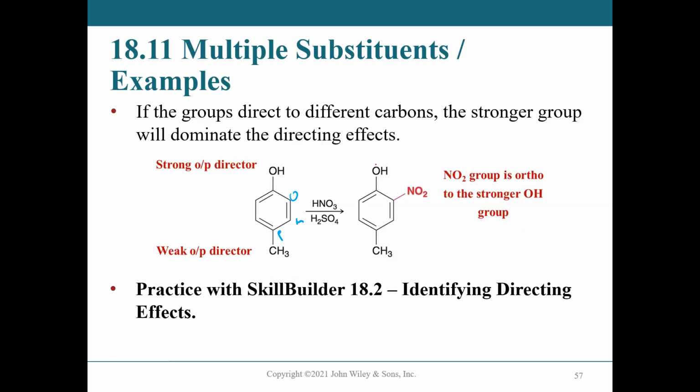Red. I wouldn't be putting it here anyway. So we know that the CH3 would be an ortho, but since this OH is a better director, the NO2 group is ortho to the stronger OH group.